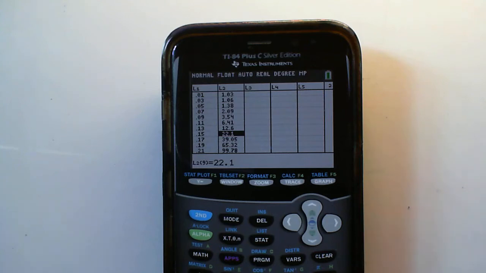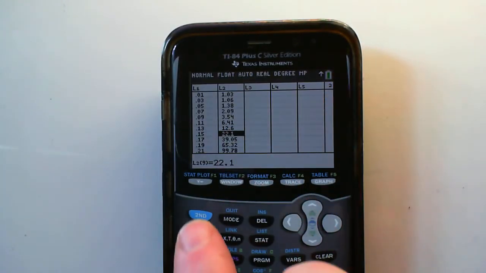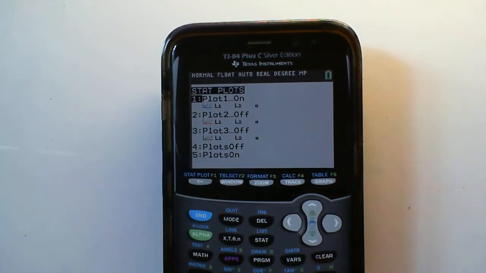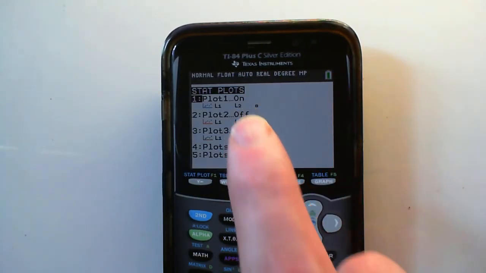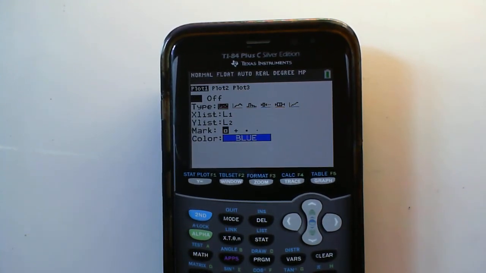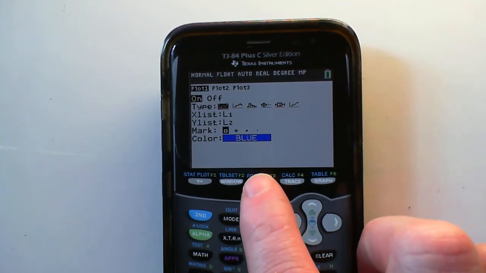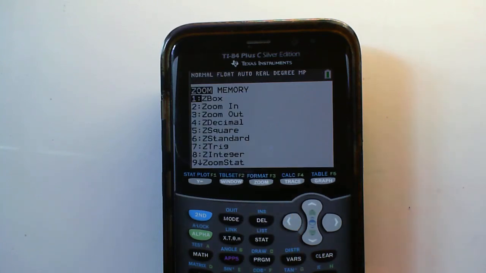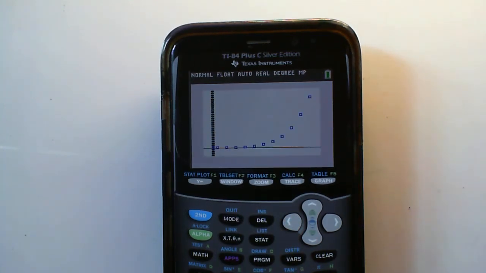But now that we have it, we're going to look at a scatter plot of this data. So I'm going to hit second, stat plot. Make sure that my stat plot is on. If it's not, I go there, I turn it on, and then I'm going to hit zoom 9. And that is my zoom stat command, and I see that this function looks extremely exponential.